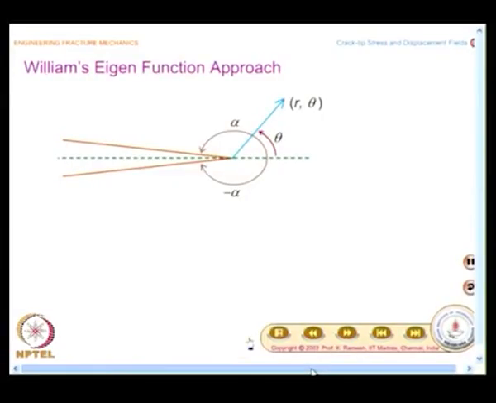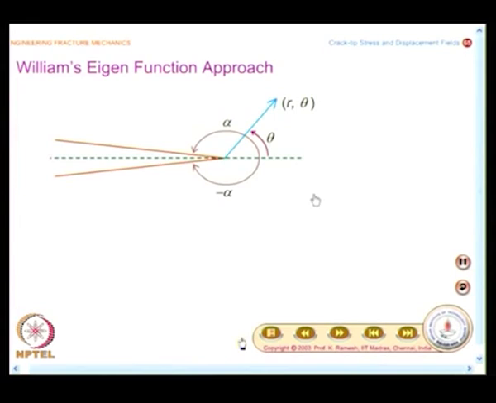The Westergaard solution was given in 1939 and Sanford's modification came in 1979. You also had another approach by Williams, in 1957, and he looked at the problem from a different perspective.